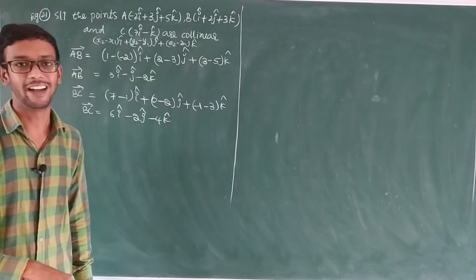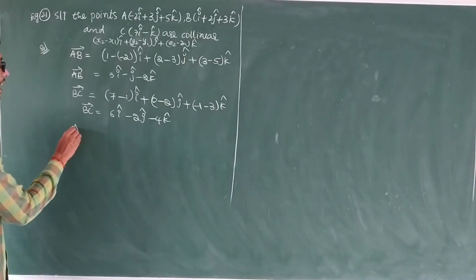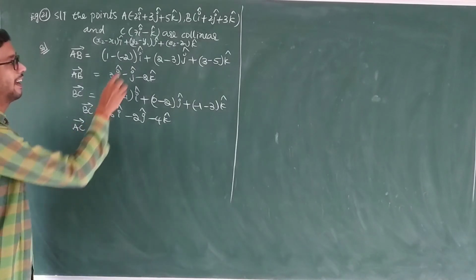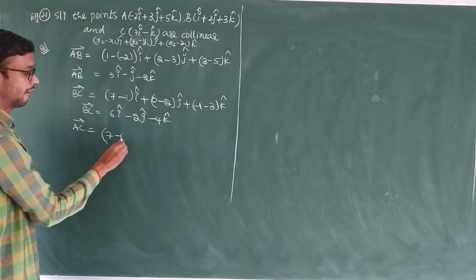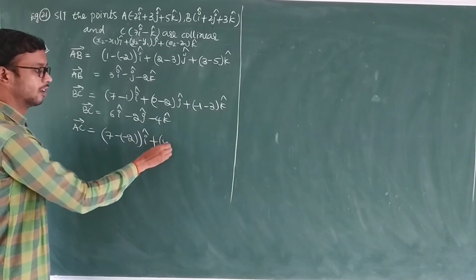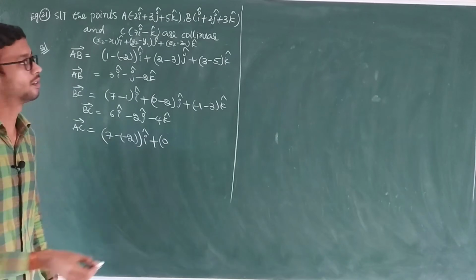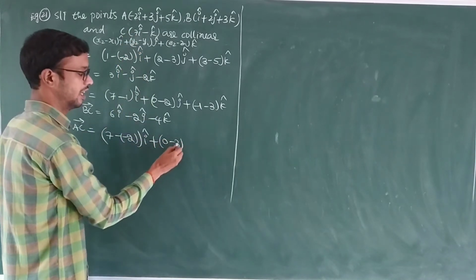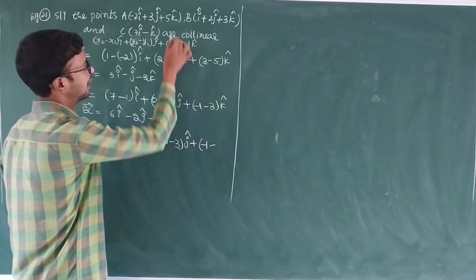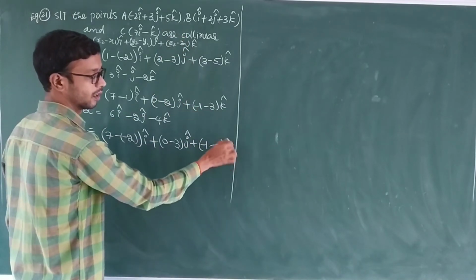One more side I find here, AC bar. x2 is 7 and x1 is minus 2, so i cap plus 0, y2 is 0 minus 3 j cap plus minus 1 minus 5 k cap.